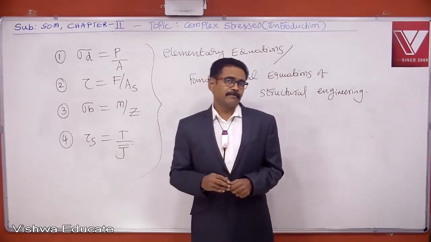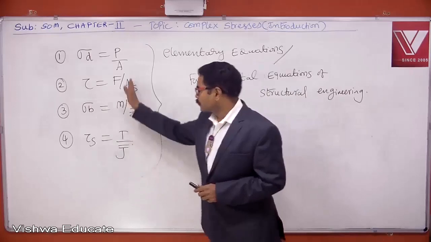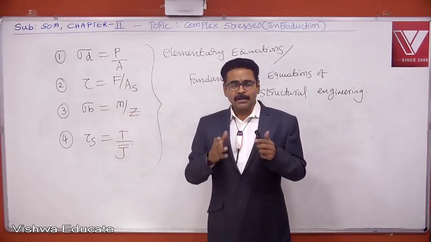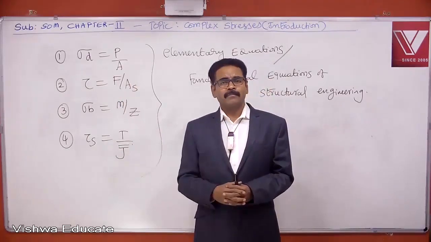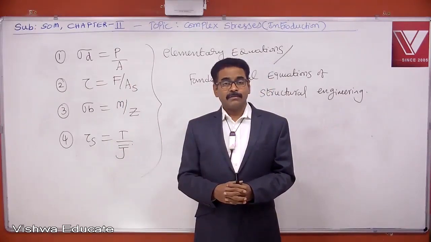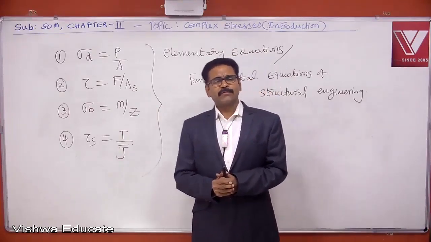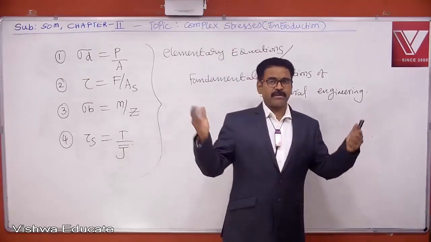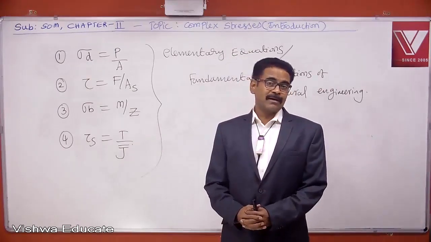That is one point. Second point, these four formulae are giving individual effects, not resultant effect. A structure is there. That structure is carrying multiple loads. A normal force is acting. A shear force is acting. A bending moment is also acting. Maybe a twisting moment is also acting.